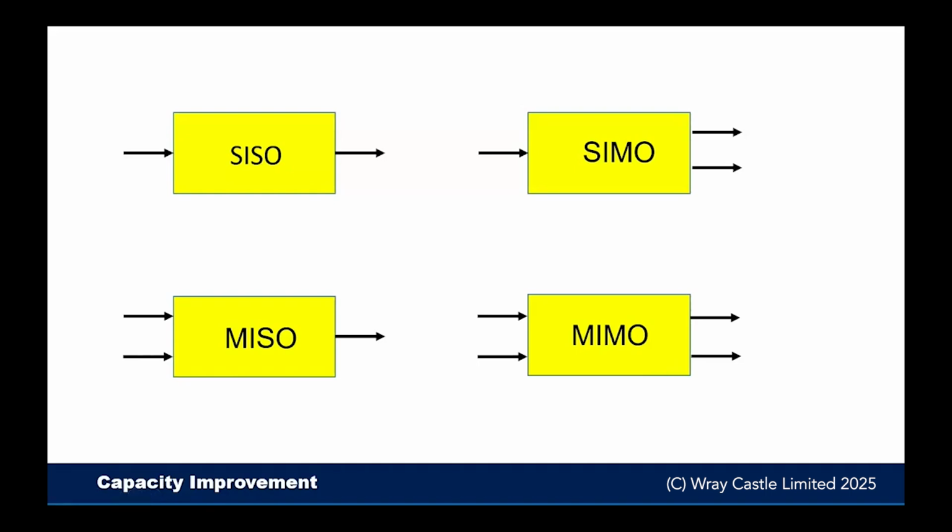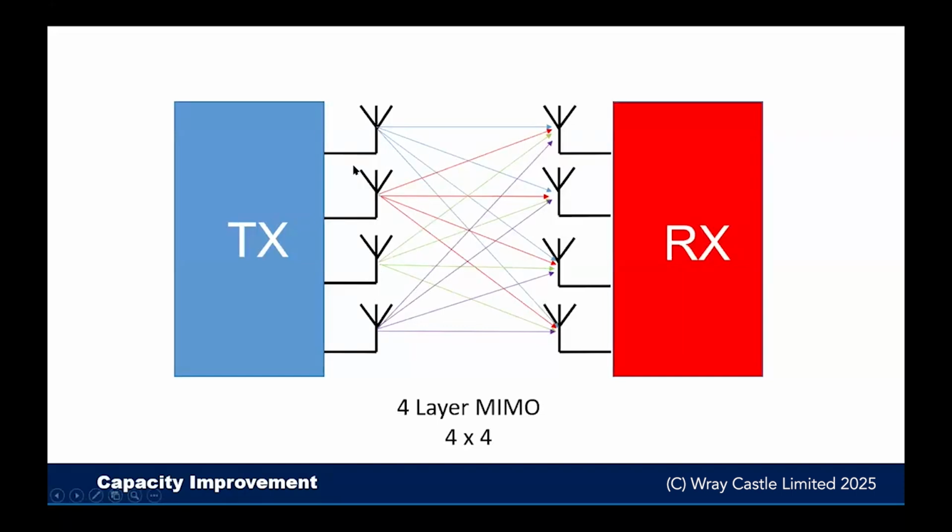I can take that a stage further. Why not have 4 transmitters and 4 transmitting antennas? And on the right-hand side, 4 radio receivers and 4 receiving antennas. I can now transmit 4 layers of information, 4 streams of information. I can quadruple my bit rate in the radio channel compared to SISO, or I can double the bit rate compared to 2x2 MIMO.